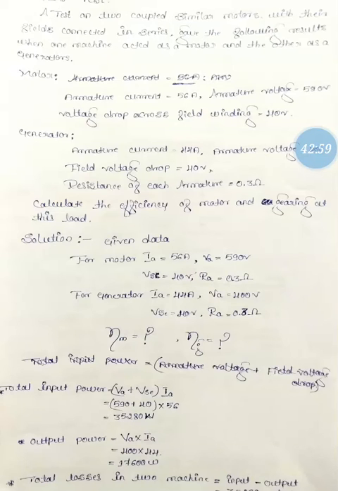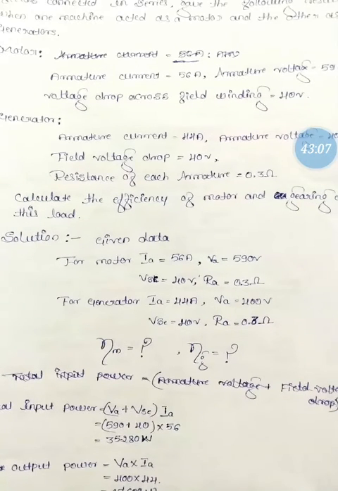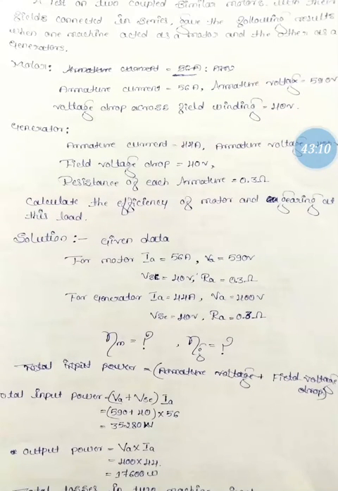So first we have to calculate the total input power, that is the product of voltage into current. This is the series motor, so there will be a voltage drop across the armature winding and a voltage drop across the series field winding.